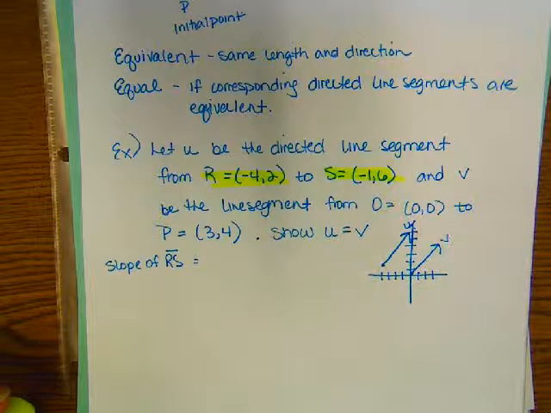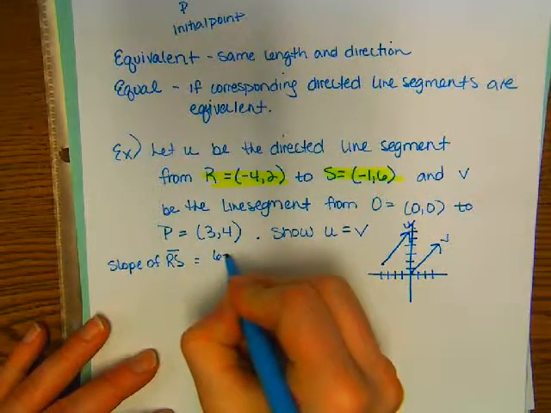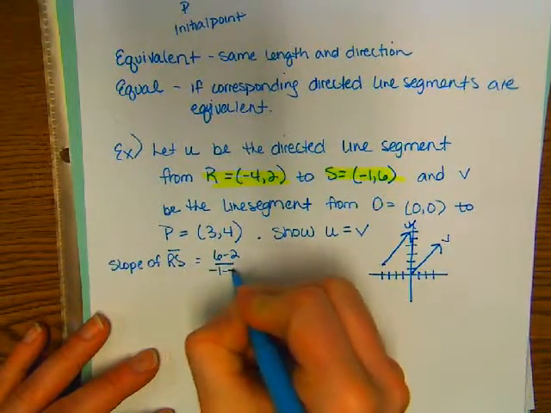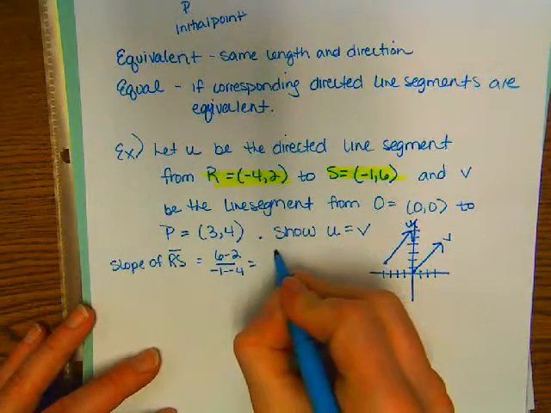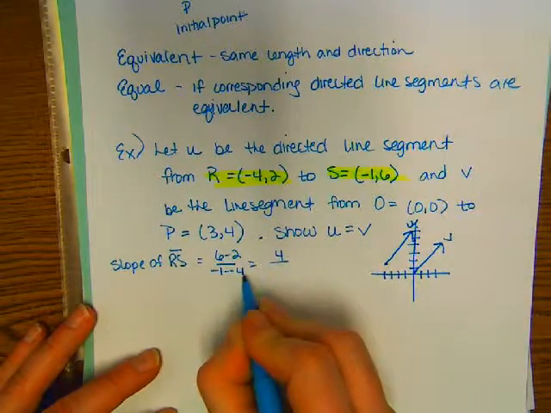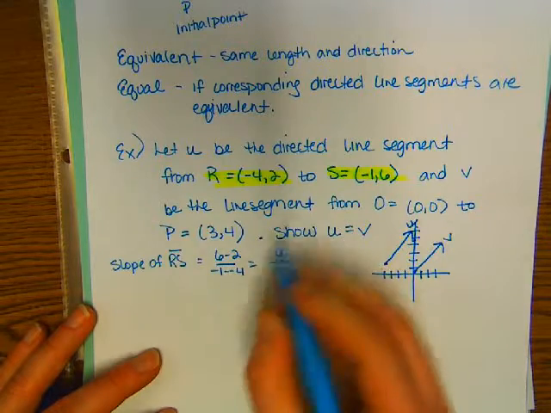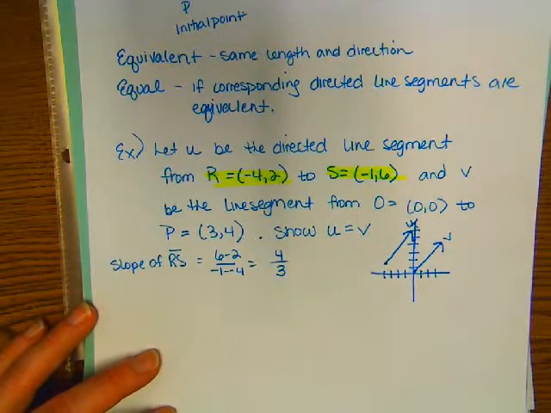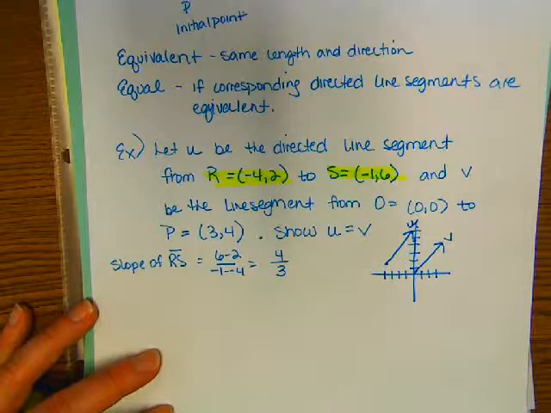How do you find the slope of something, Isaac? Rise over run. So what goes on top? The y's. 6 minus 2 over negative 1 minus negative 4, which is 4 over 3, since negative 1 plus 4 is 3. You following? Okay.